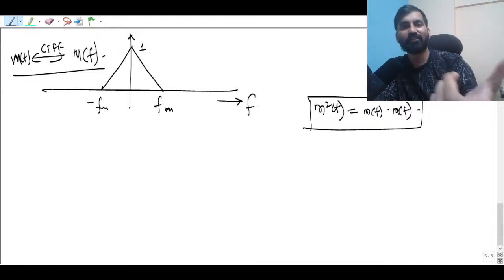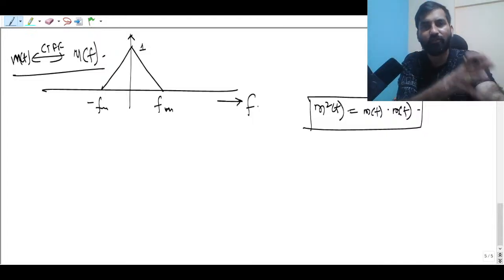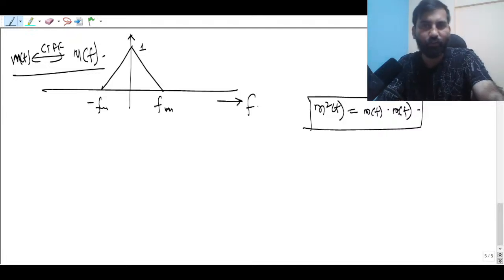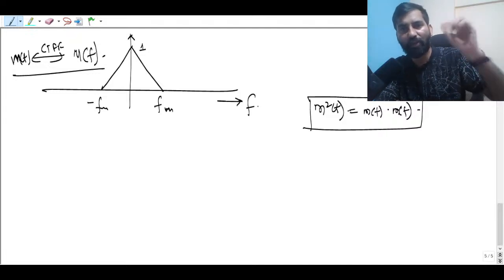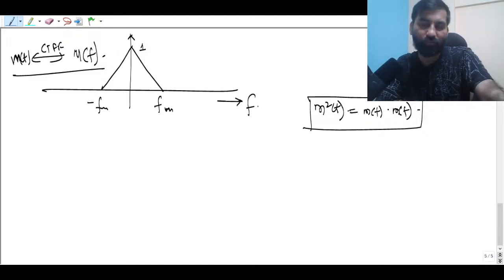So if you convolve this, the lower limit and the upper limit you can find out, that is minus FM to FM convolved with itself gives minus 2FM to 2FM. Understand?